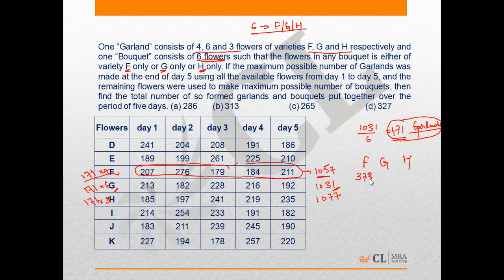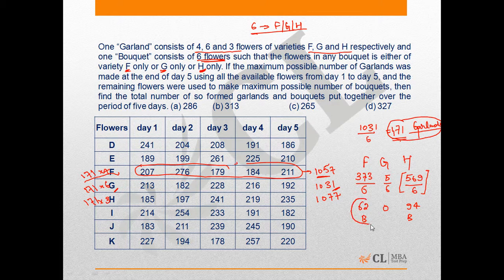373. If I use all 6 of them, right, I will build a total of 62 bouquets, and this is 5 in number. I divide it by 6, that is 0, and that is 569 in number. I divide it by 6 in round number, right? I only want the quotient, which is 94 number of bouquets.